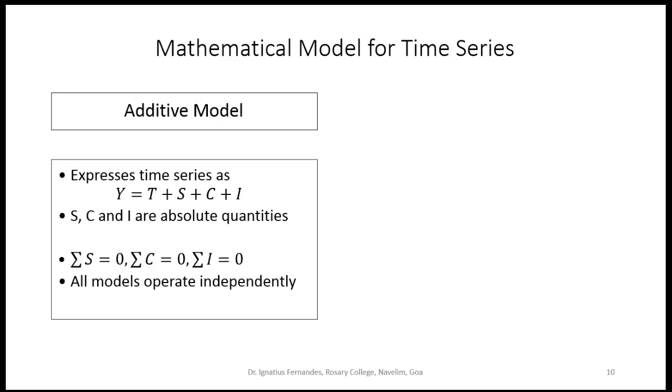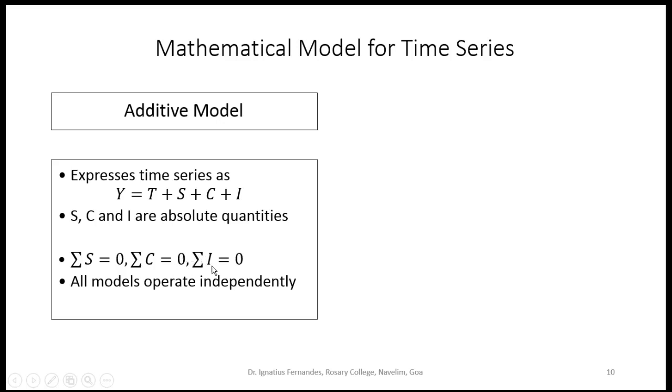It also assumes that the seasonal, cyclical, and random variations are absolute quantities. What do I mean by this? If you take the seasonal variations over that entire period of time, their sum is going to be equal to 0. The same way, if you take all cyclical variations over that period of time and add them, the sum is going to be equal to 0.